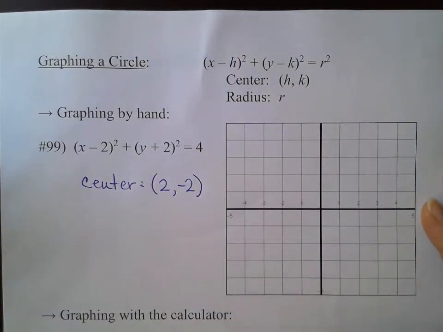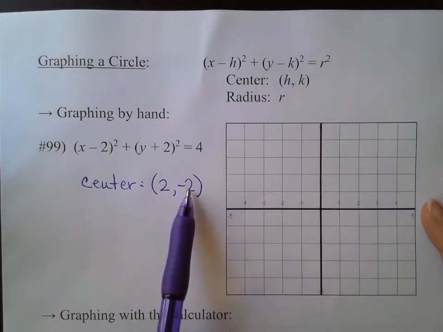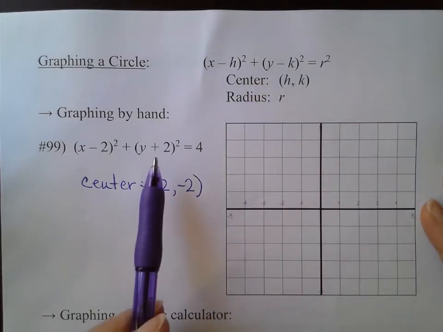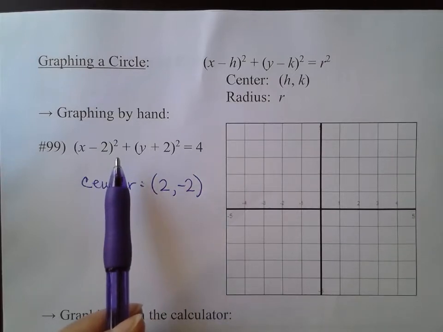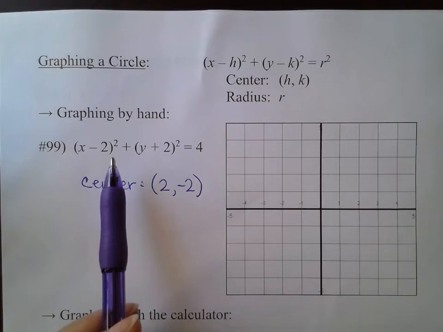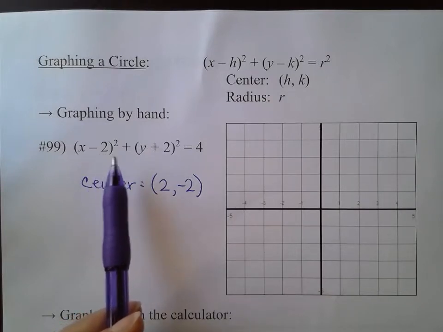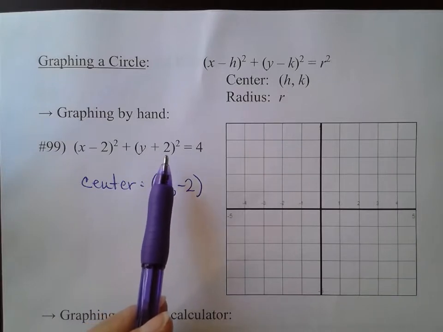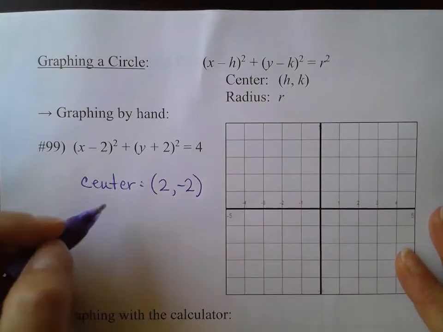Because of the way the equation of the circle is written, both the H and the K look opposite in sign from what we see, because they're both on the inside. The -2 is on the inside of the squaring, and the +2 is on the inside of the squaring. And so for that reason, it's opposite of what we would think.